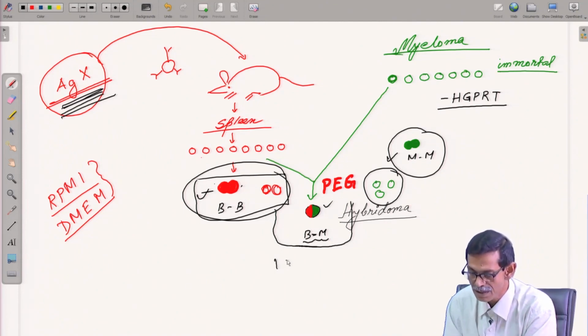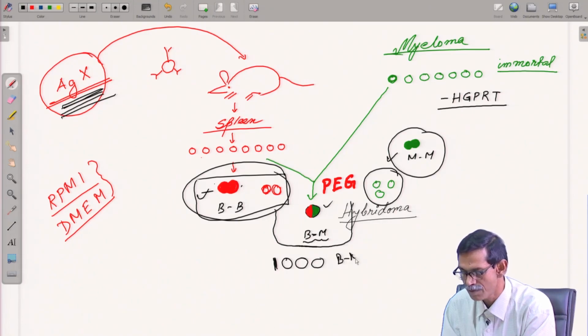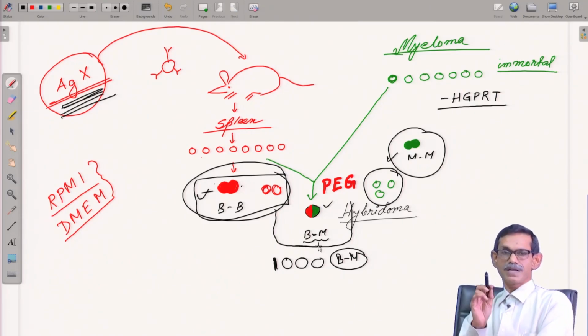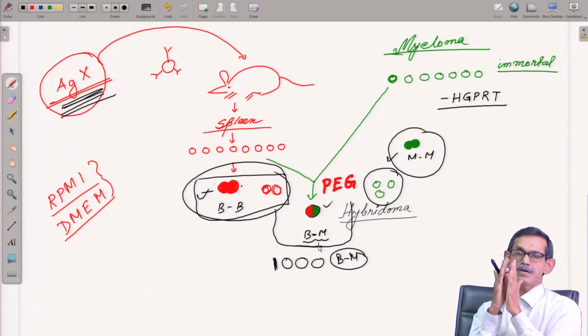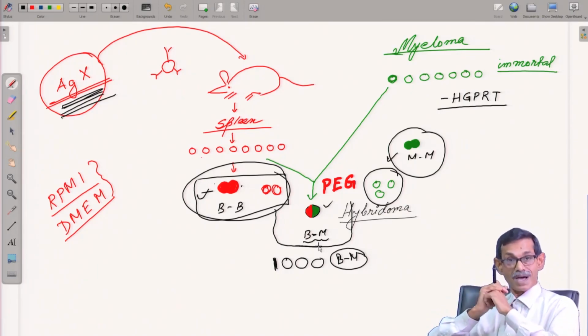Suppose there are 1000 such hybridoma cells, there will be many. So, from there we have to select how many of those are producing the antibody that I need or want.